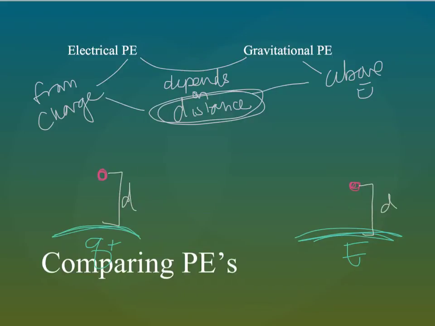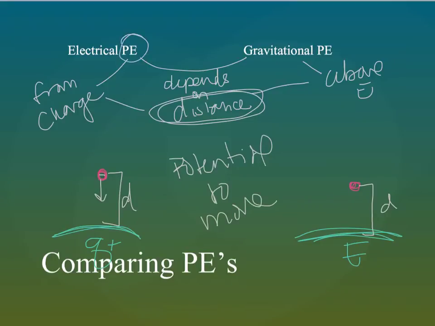And this happens because it's a force acting at a distance, so we can get that potential energy because it could move. If it's negative, it's going to move this way, or if it's positive, it might move the other way, but it has the potential to move. And that's why they're both types of potential energy.